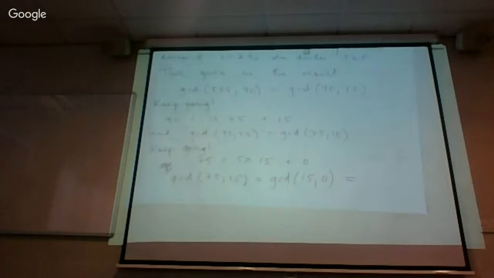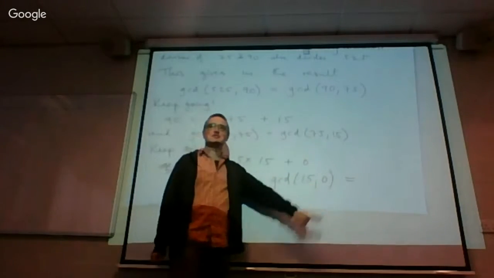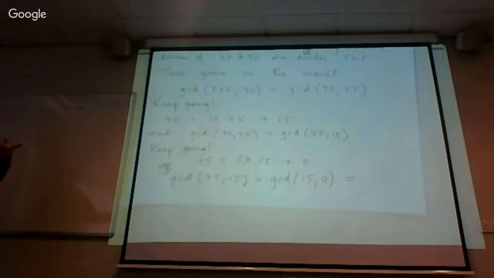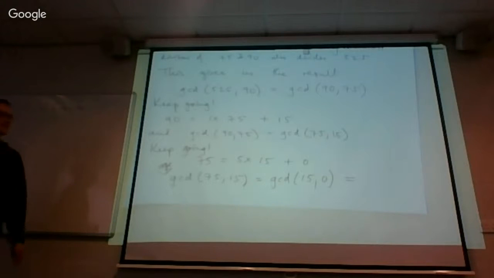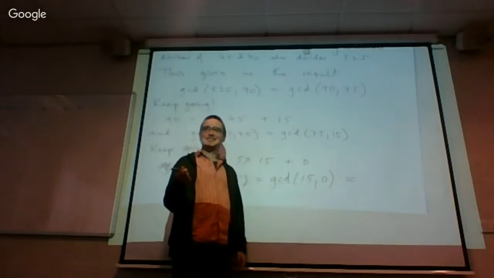Let yourself down, Sukesh. I called you a genius before. Don't prove me wrong. No, what's it equal to? What's the greatest common divisor of 15 and 0? 15 or 0? 15. 15 divides into both. 15 will divide into 0. How does that work?